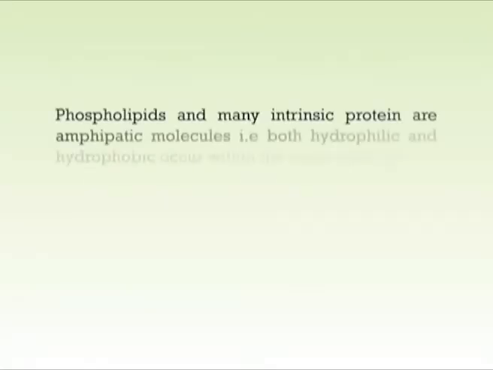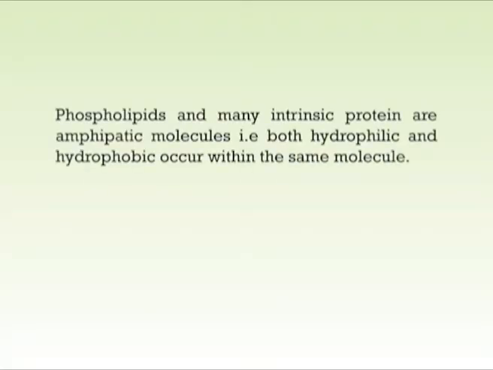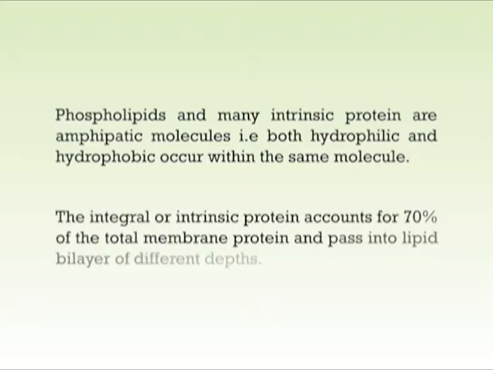It should be noted that phospholipids and intrinsic proteins are amphipathic molecules, that is, both hydrophilic and hydrophobic regions occur within the same molecule. The integral or insertion proteins account for 70% of the total membrane protein and pass into the lipid bilayer to different depths.